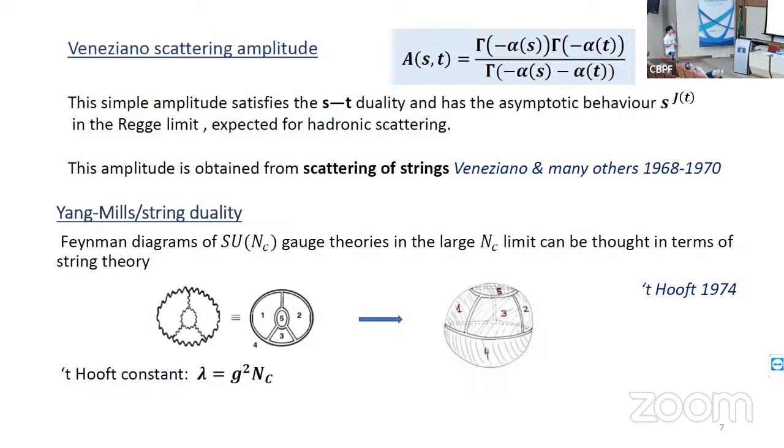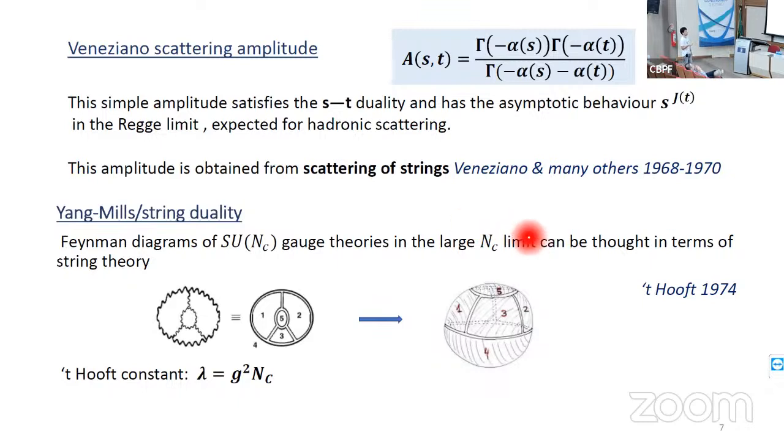But the most established connection between QCD and string theory was obtained by 't Hooft in 1974. This is the connection in the large N limit. He showed that if you consider Feynman diagrams in the large N limit, you can reorganize them in terms of topology.